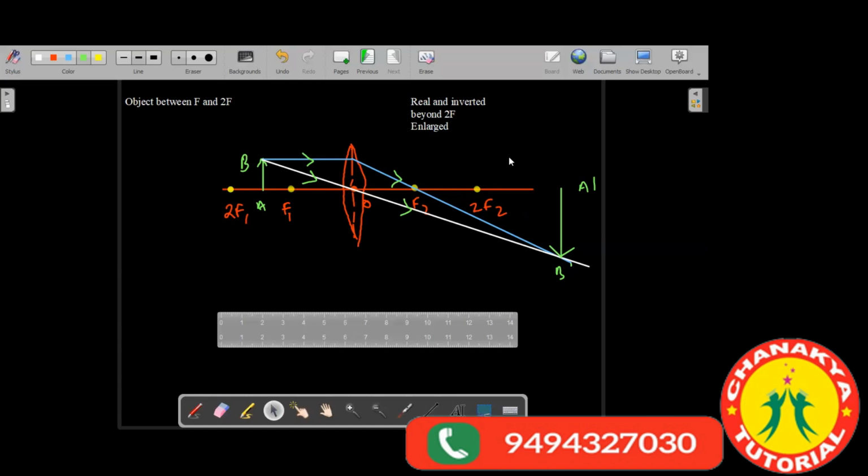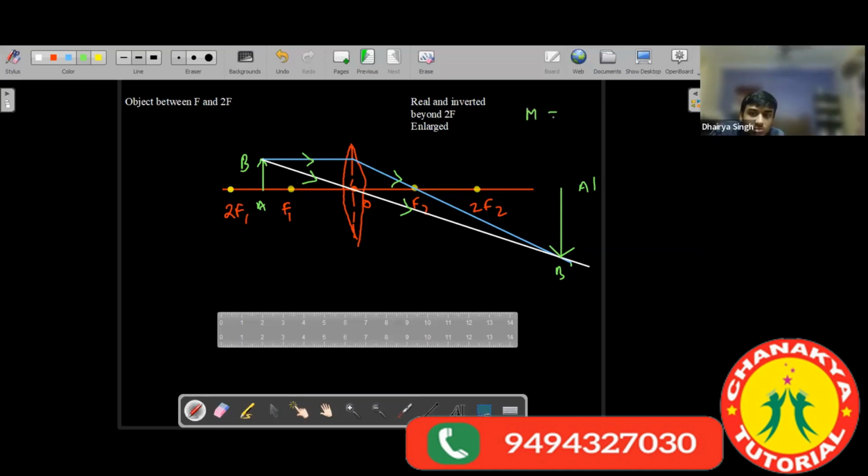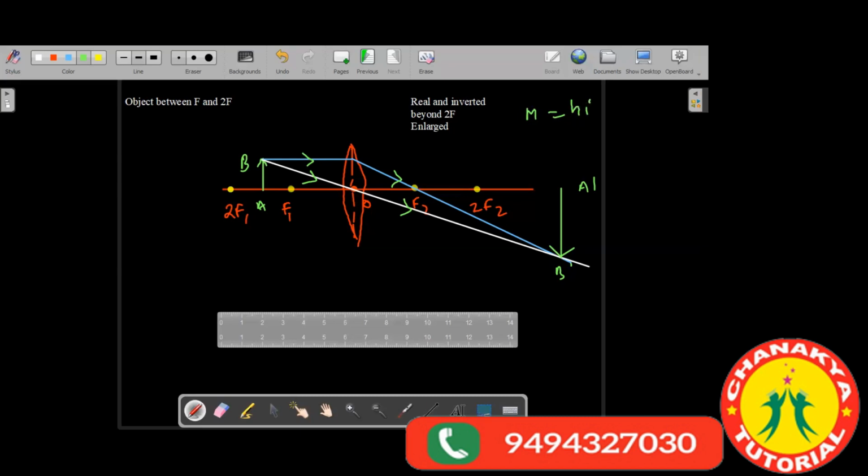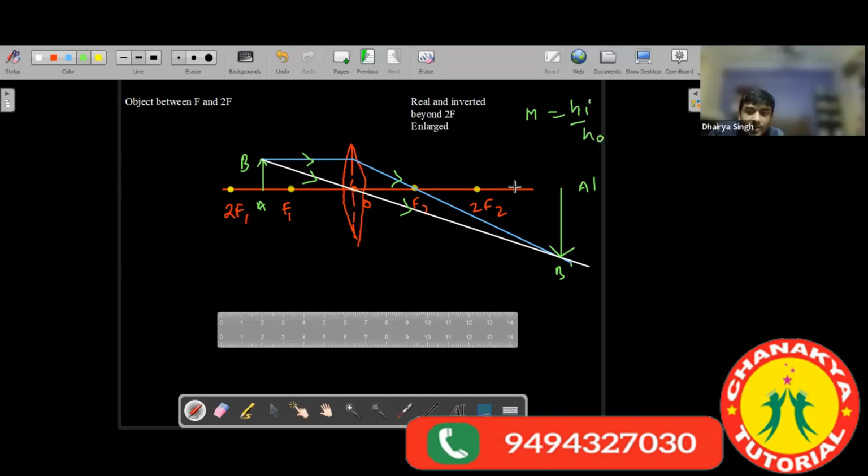So have you drawn this diagram? Okay, what comments can you give about the magnification here? I want your comments about the magnification for this case. What will be the sign of magnification? Since magnification is given by the formula height of image by height of object, it will be negative, right?